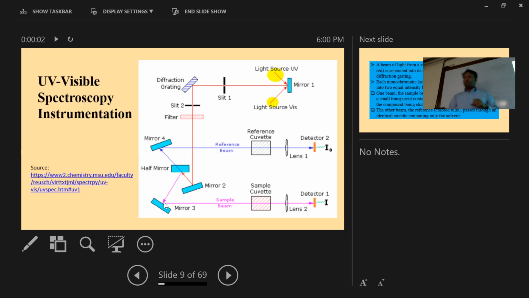Now, if we have some sample which can absorb light, like the mango juice I told you about, and we put mango juice in this cuvette and water here, what can happen?